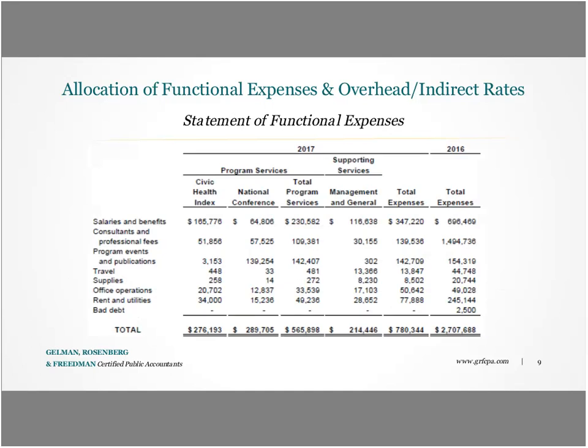So we have two examples. The first one that we're looking at here is presented with costs all being booked and allocated directly above the line, so direct to our programs or our supporting services. Here you'll see that the natural expense categories are listed on the side.